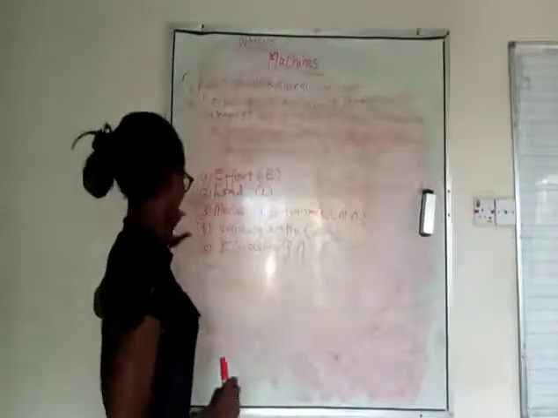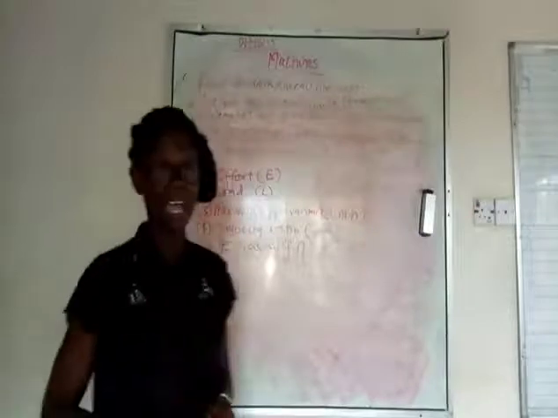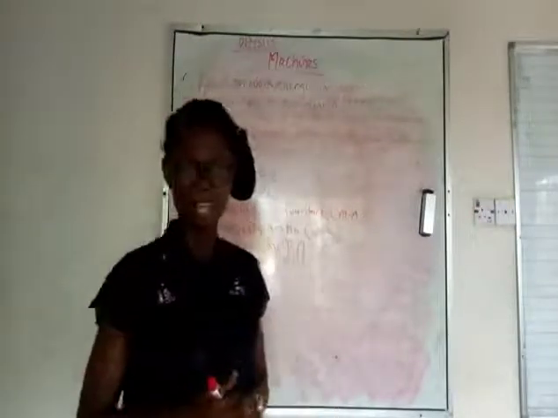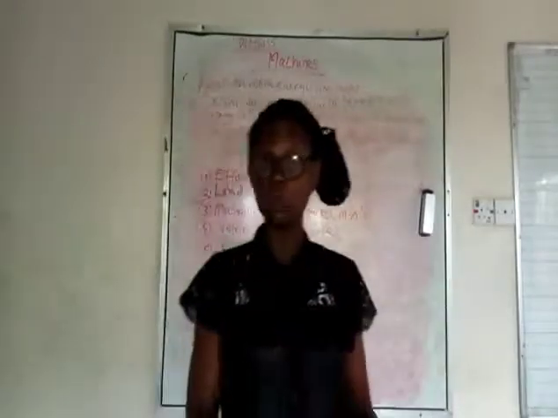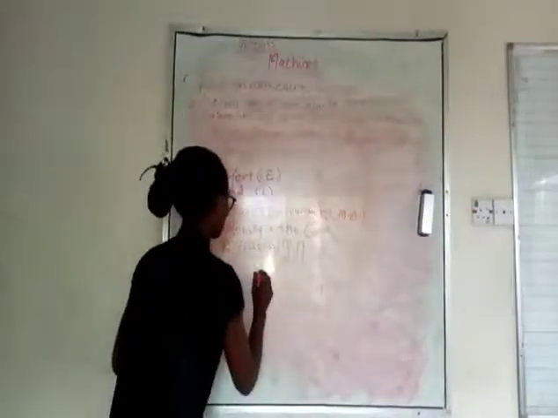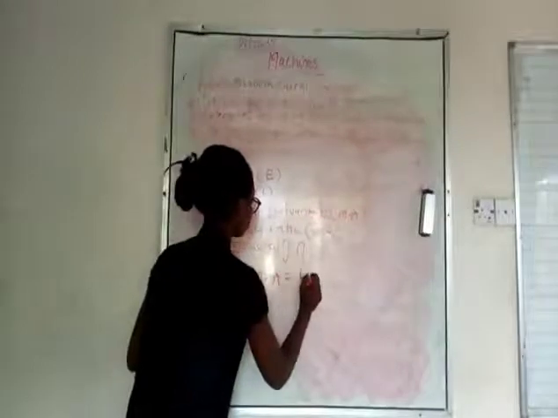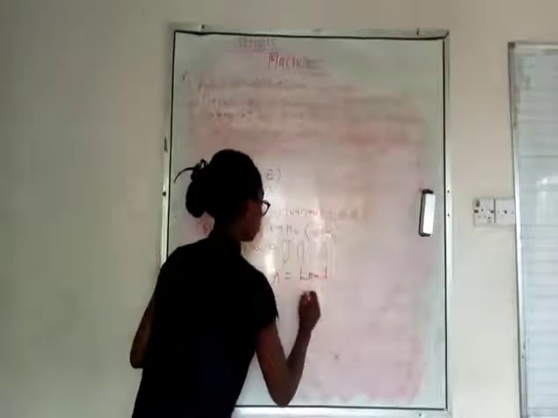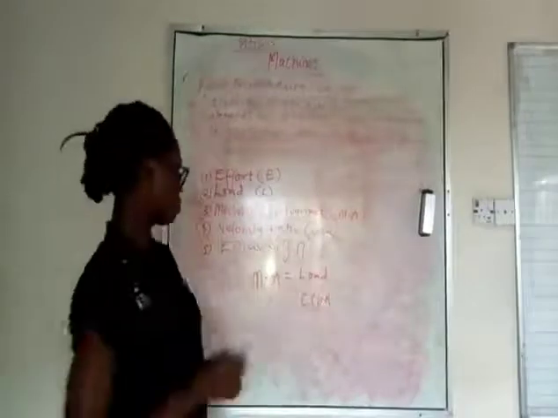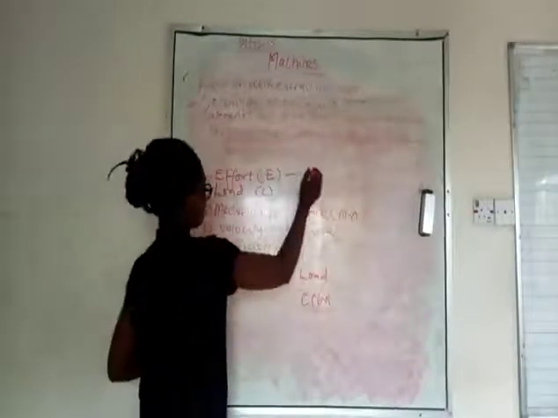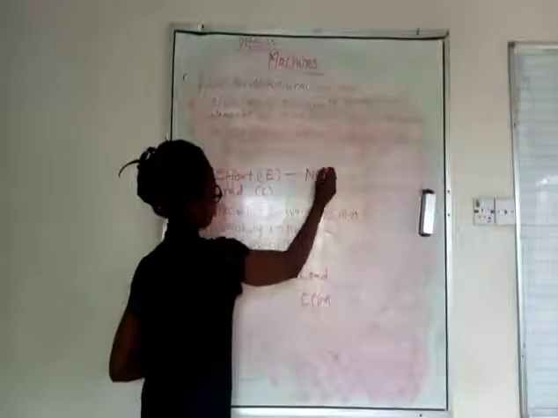Alright, we go to your mechanical advantage. What is the mechanical advantage? It is actually the ratio of the load to the effort. So we write this: mechanical advantage equals load over effort. And being a ratio, take note of this, your effort is in Newton because it is a force.